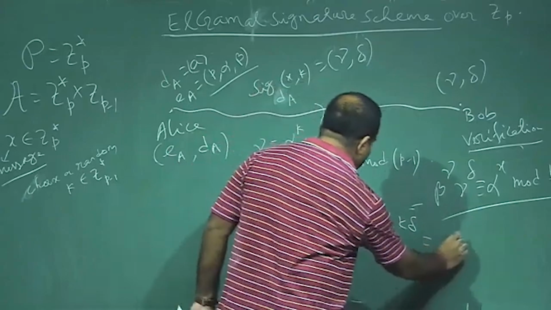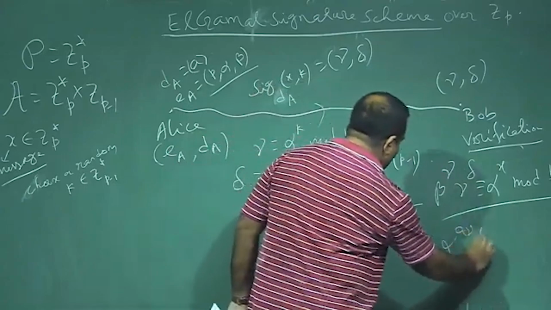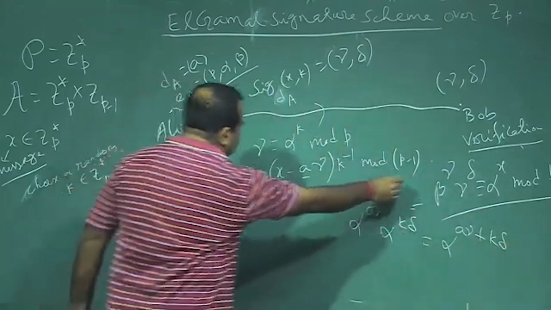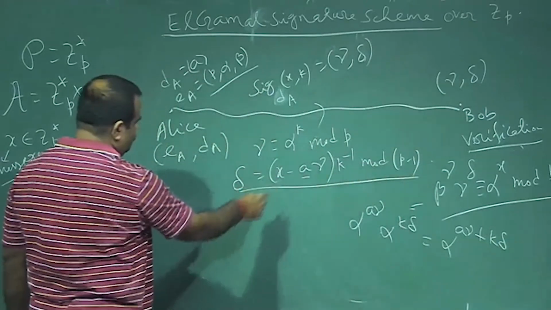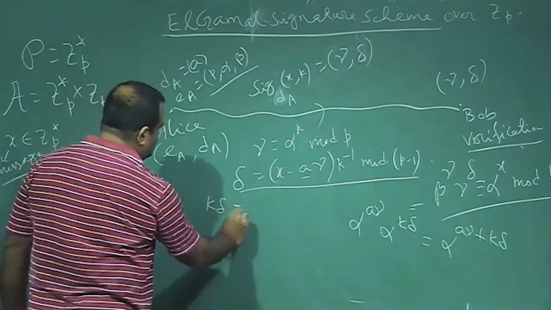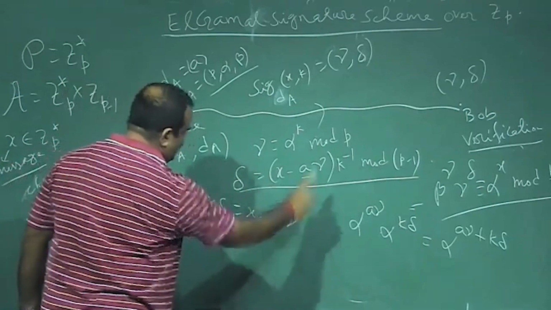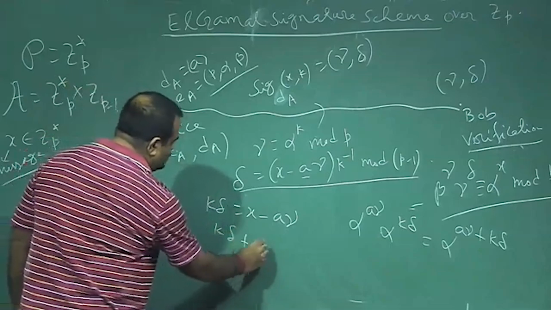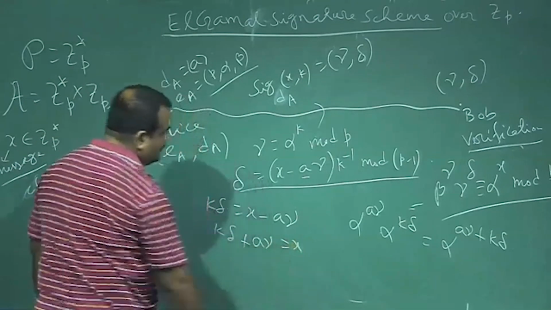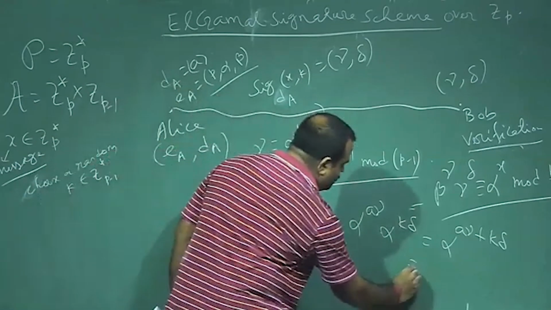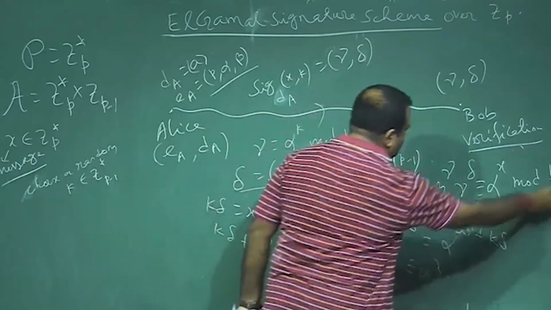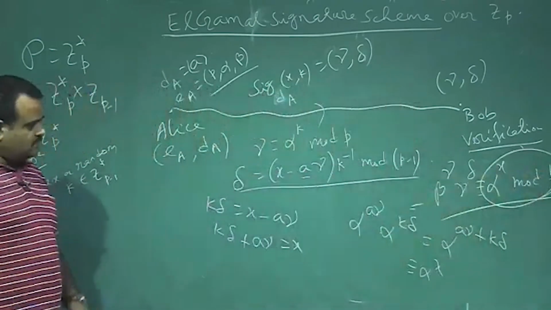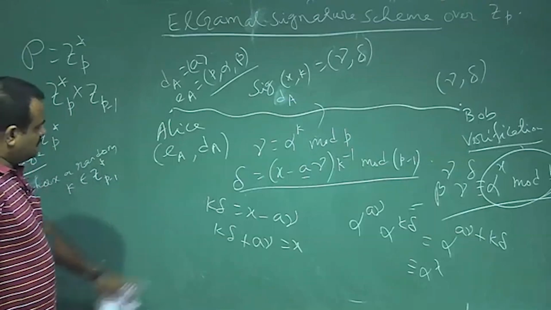This is basically alpha to the power a gamma plus k delta. Now, in the equation for delta, if you multiply both sides by k, k delta is equal to x minus a gamma mod p minus 1. So, k delta plus a gamma is basically x. So, this is congruent to alpha to the power x mod p. So, the verification is done by this.